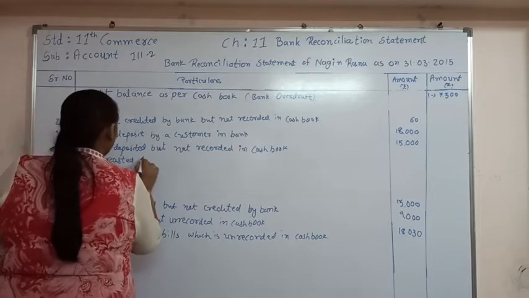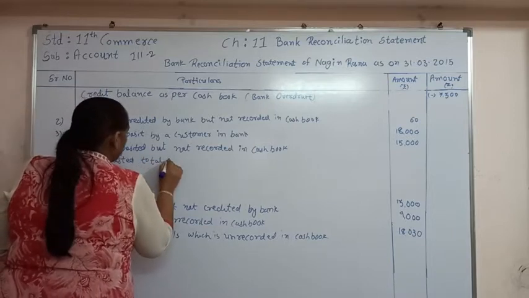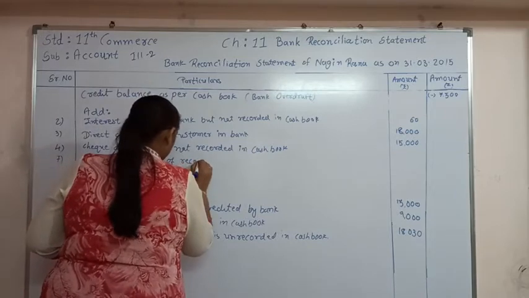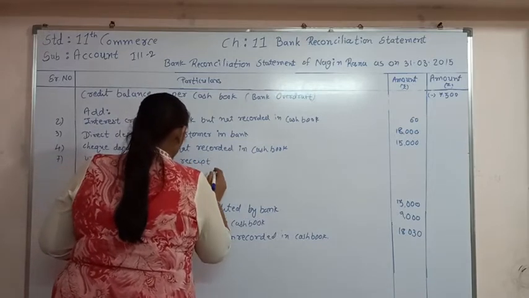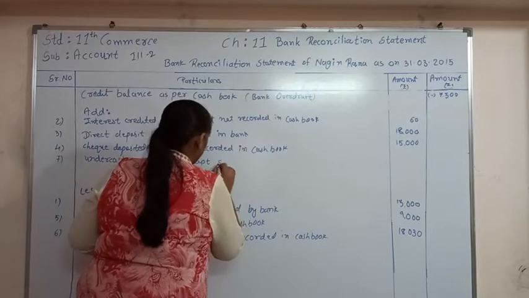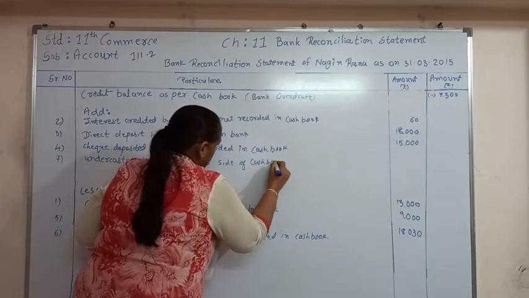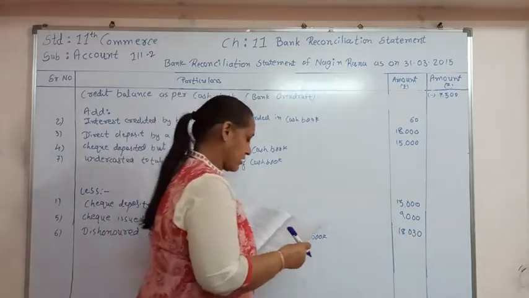Undercasted total of receipt side of cash book, and it is by 3,000.